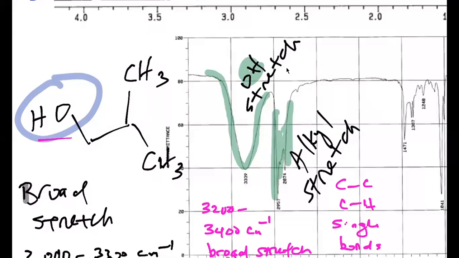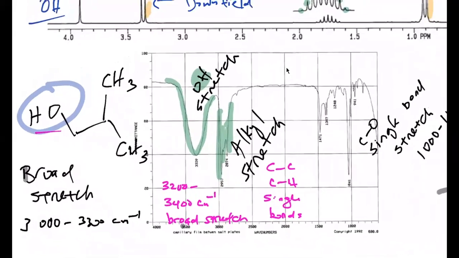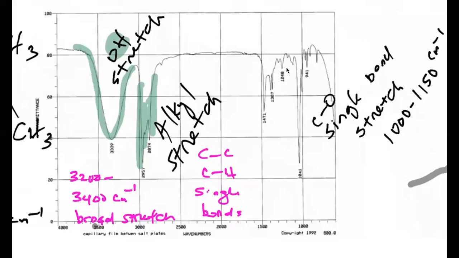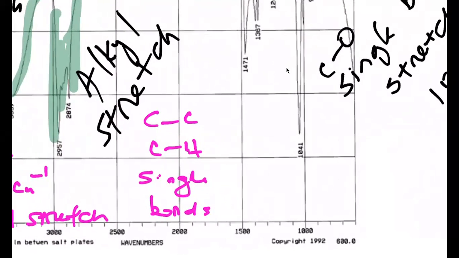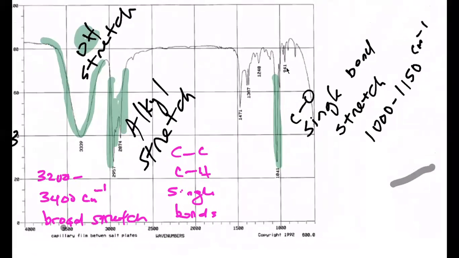And there's one other stretch in this infrared that's important, and that's right here. That's the carbon oxygen single bond stretch, and it's usually somewhere between 1,000 and 1,150 reciprocal centimeters. So that's 3 major stretches that you should probably commit to memory: the alcohol stretch, the alkyl stretch, as well as the CO single bond stretch. I think in that infrared video I sent you, I pointed all those out too.